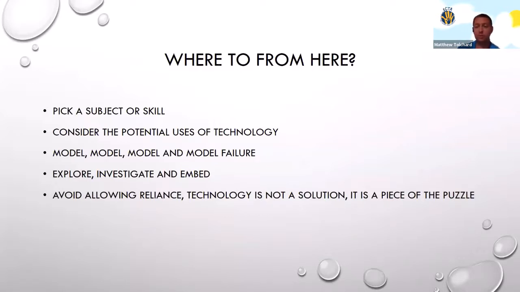And students will just take that as being, well, the technology's got a calculator in it. It must know what it's doing, right? I'm just going to write that answer down. It's not always going to be right. More often than not, it's actually going to be wrong. Technology is not a solution. It's just a piece of the puzzle like any other resource that we use.